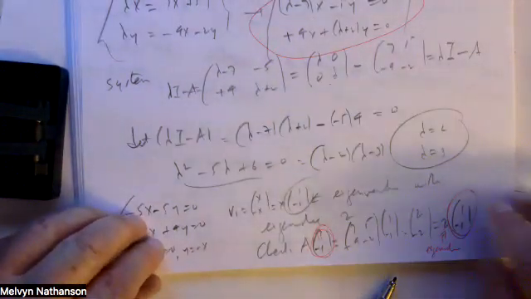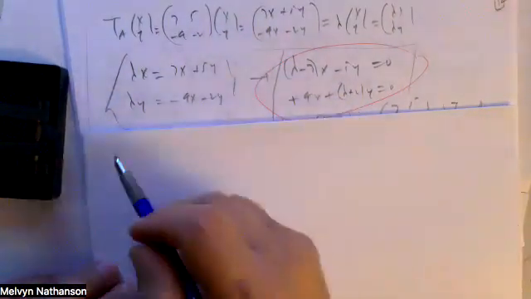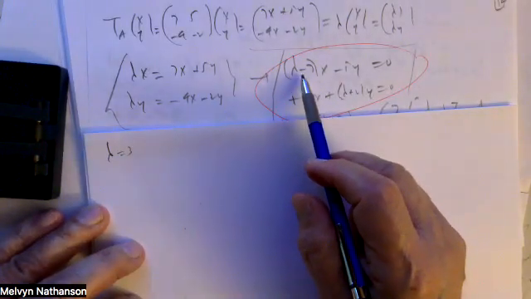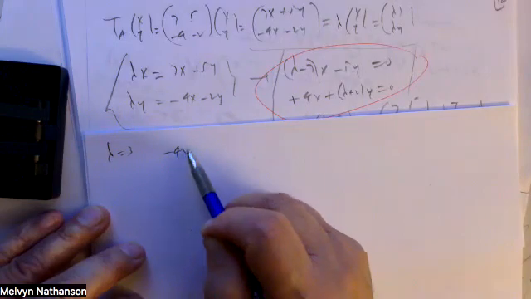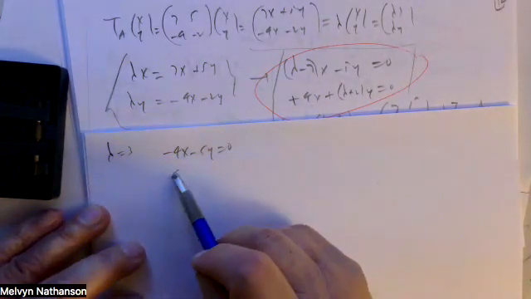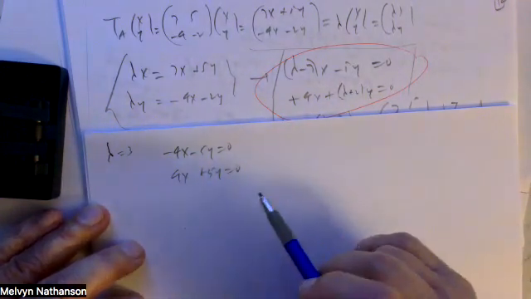What about lambda equals 3? So this is my set of equations. If I solve them for lambda equals 3, I get minus 4x minus 5y equals 0, and 4x plus 5y equals 0.